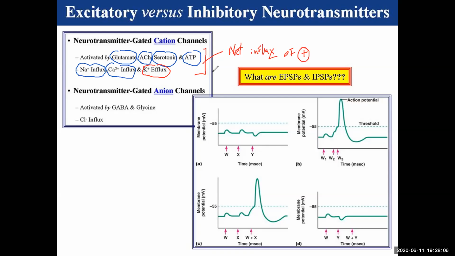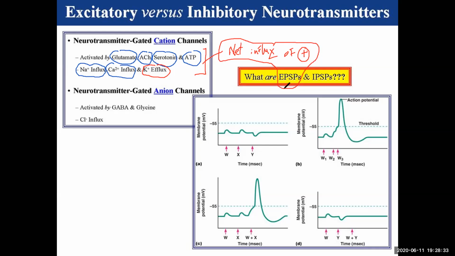Once it happens, the inner leaflet becomes more positive and the outer leaflet becomes less positive. And this will lead to EPSPs on the postsynaptic neuron.